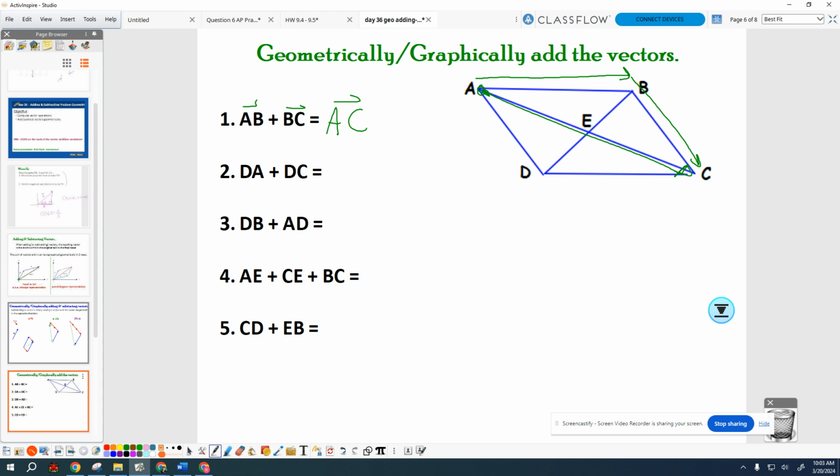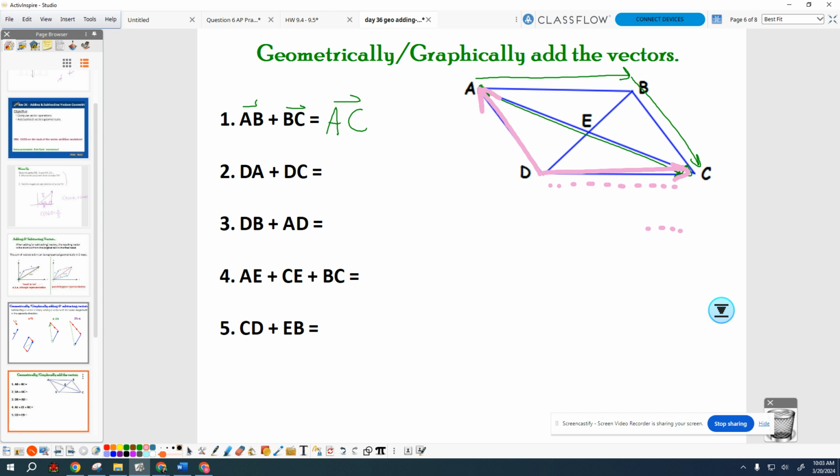Okay, so you guys are upset because how do you add? There's D to A and D to C. Are those added correctly? No. What can I do? You start at DA, and then the endpoint is at A, and from there you move the vector DC up, and then you get AB.